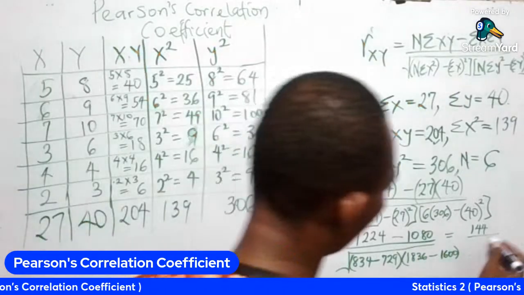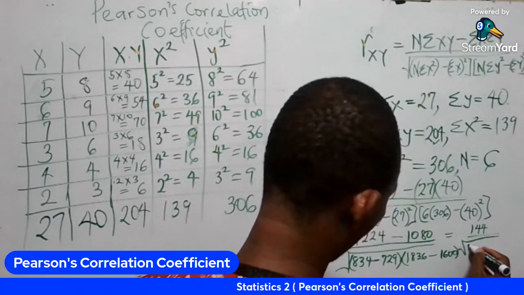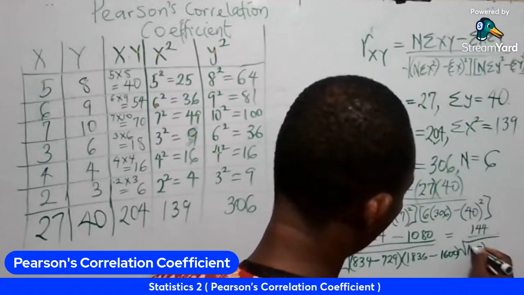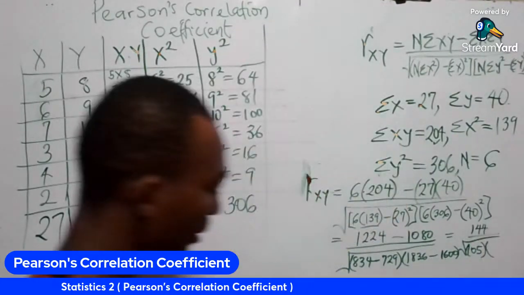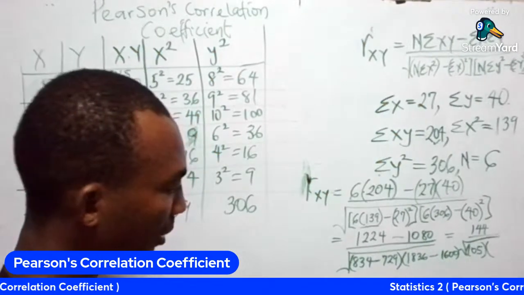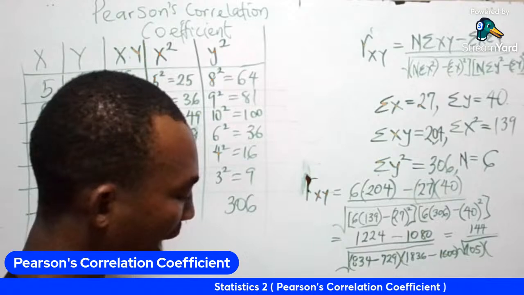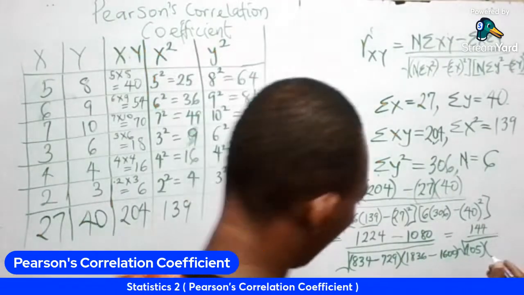That will give me, don't forget your square, 105. Into the other bracket, which is 1,836 minus 1,600.